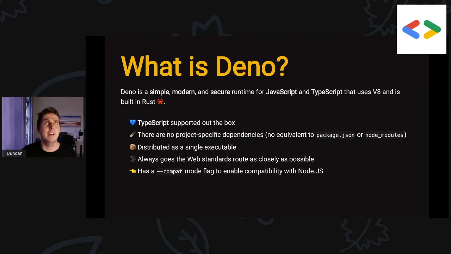So if you do have Node.js-specific packages that you still want to run with Deno, you can. This support isn't 100%, but it's getting better every day. If you do notice any issues when trying to use it, you can always open an issue on the Deno project, and everyone's happy to help.